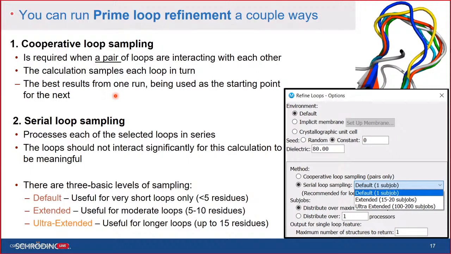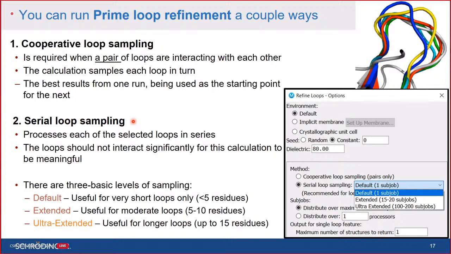In such cases you can go for cooperative loop sampling, in which they all get refined at the same time. It also considers the effect of each loop on all the other loops you are refining, so all loops are refined together. That is called cooperative loop sampling.